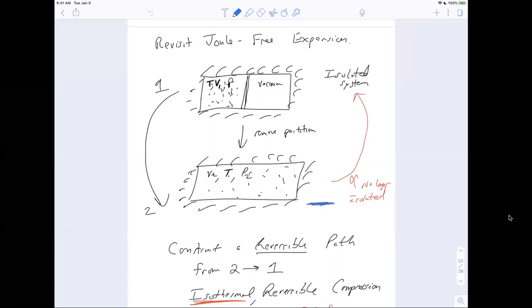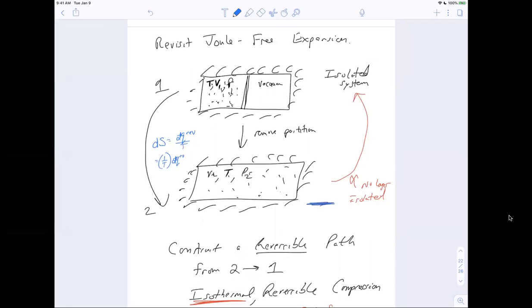And through a lot of discussion, we saw that a very mechanical and practical way to compute entropy changes is this expression for the differential entropy: dS is equal to dq reversible over T. You can think of this as 1 over T times dq reversible, if that helps you.